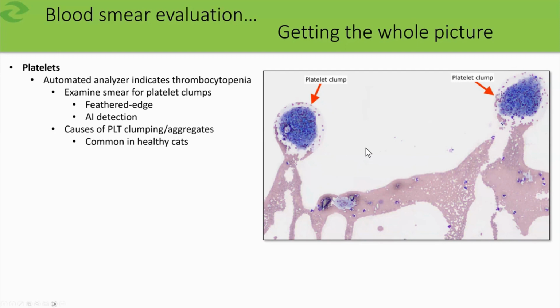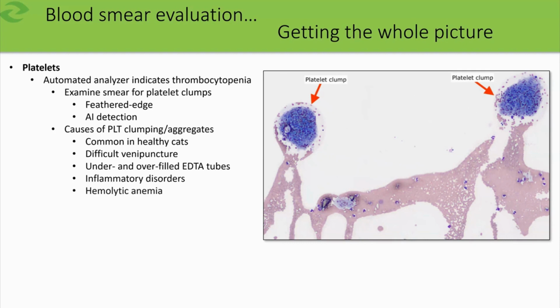Cats just have sticky platelets, and they like to do that at the feathered edge. Both under- and overfilled EDTA tubes can lead to platelet clumping. We see it more commonly in cats than in dogs or horses. I don't recall seeing it in ruminants as an EDTA effect, but I suspect it can occur. Inflammation may result in sticky platelets also, so keep that in mind.